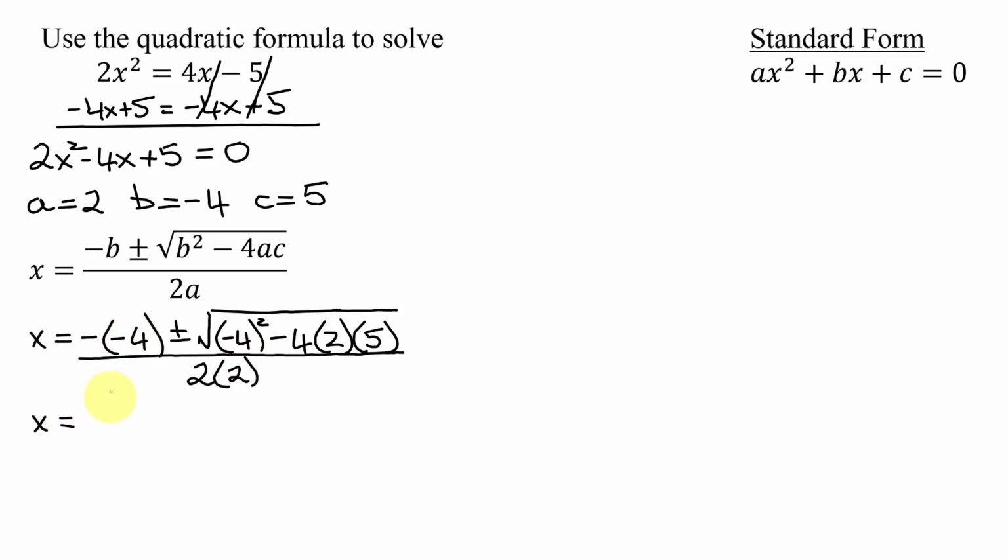The opposite of negative 4 is positive 4, plus or minus the square root of negative 4 all squared. Well, negative 4 times negative 4 is positive 16, minus 4 times 2 is 8, 8 times 5 is 40, divided by 4.